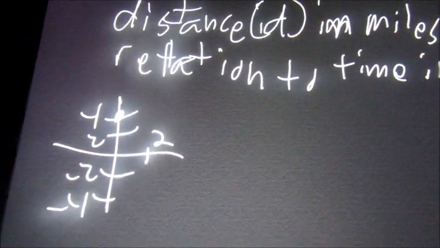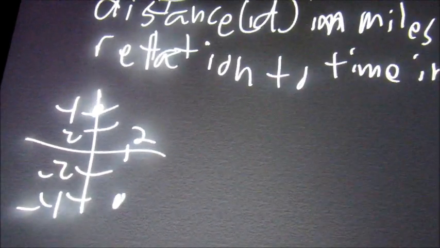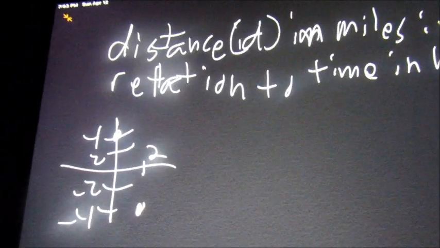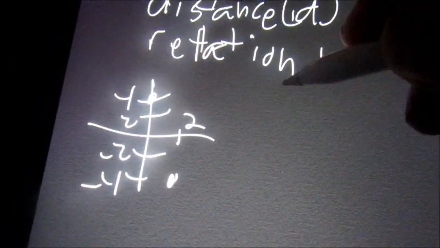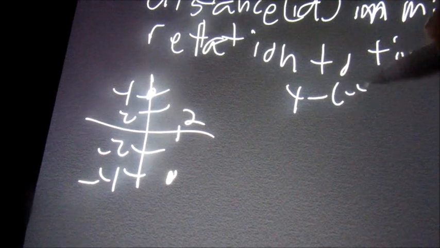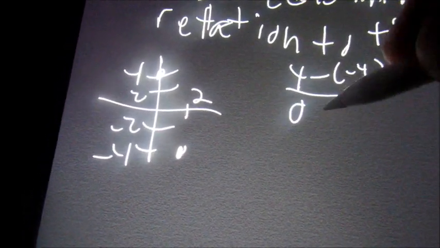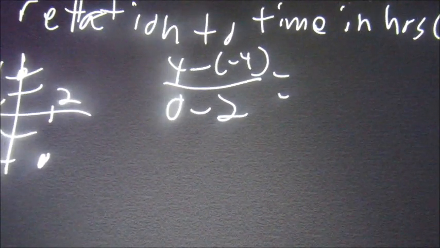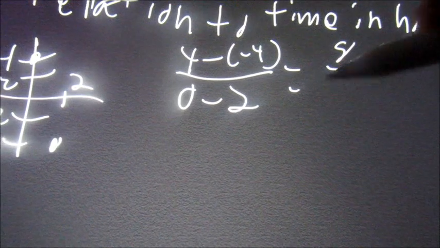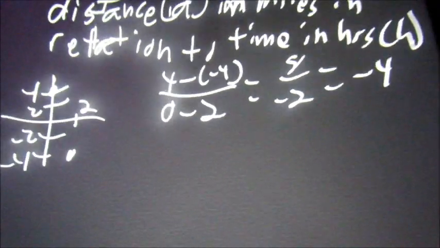So let's say that there's a point here at (0, 4), and one at (2, -4). First thing you have to do is find the slope. So here it's going to be 4 minus -4 over 0 minus 2. 4 minus -4 is 8 over -2, so the slope is -4.